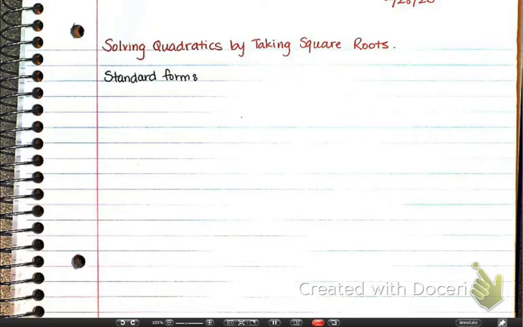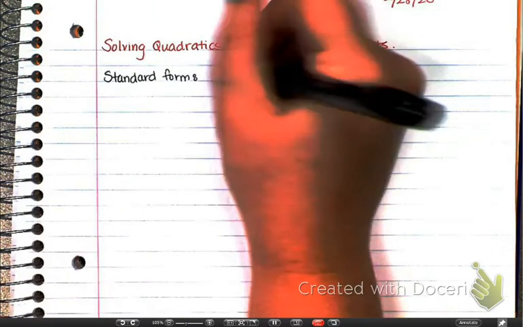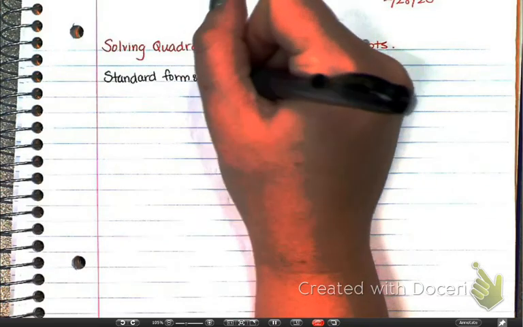You tell me. Standard form for a quadratic equation.